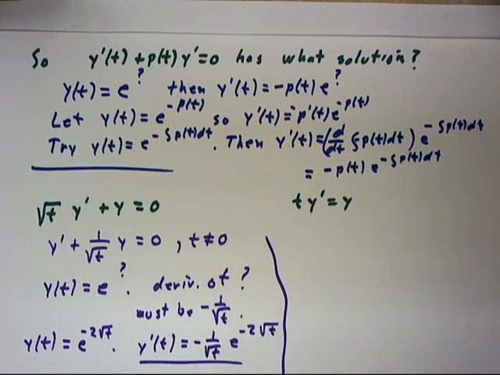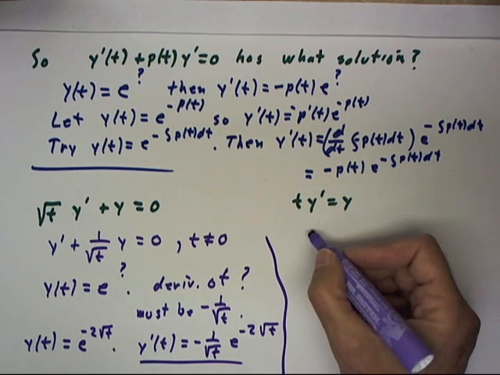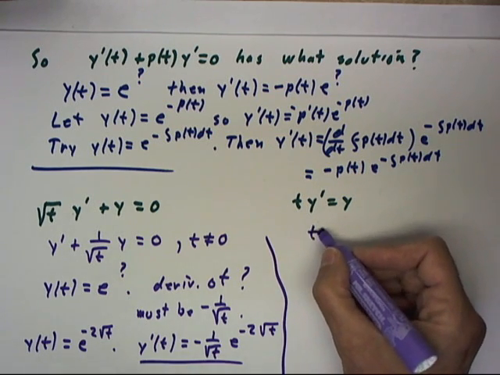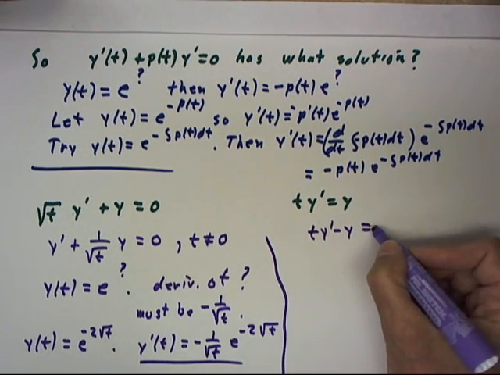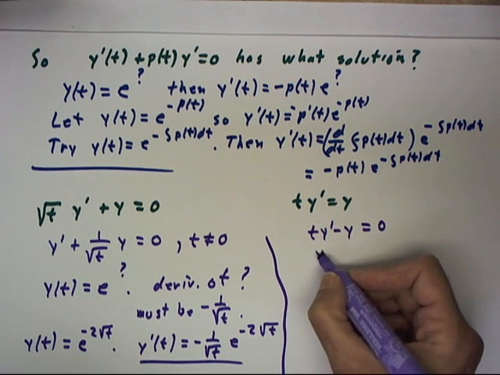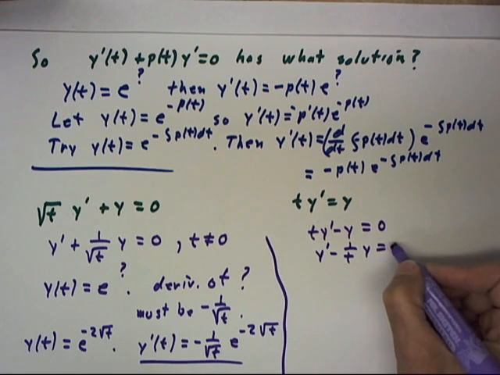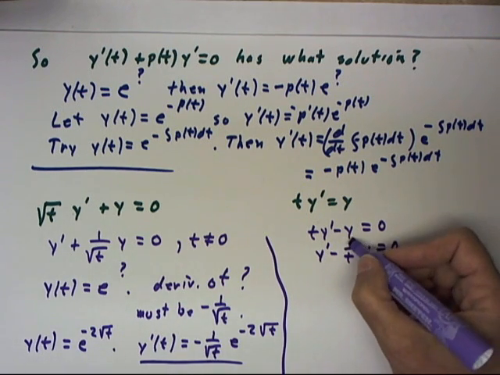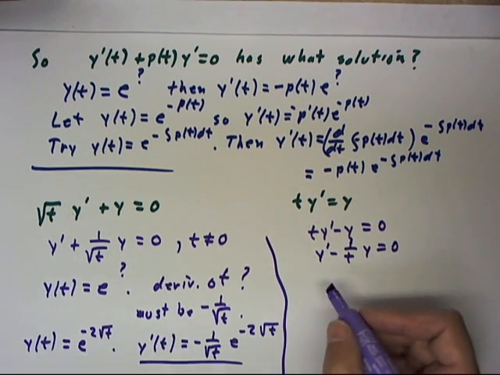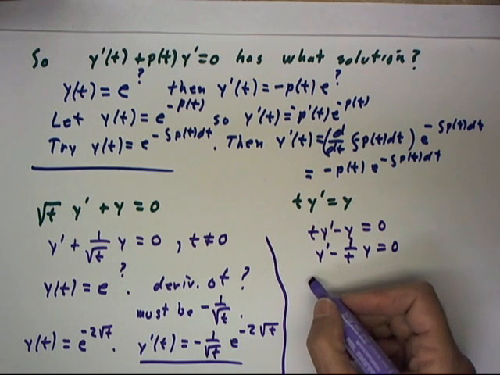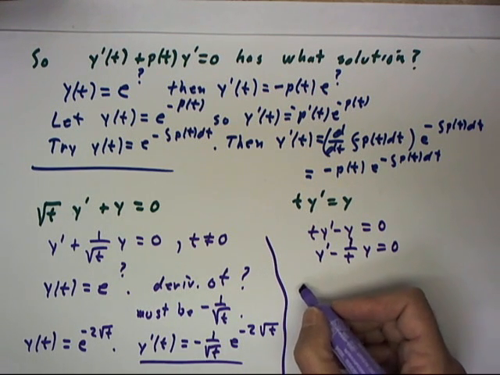Let's consider t y prime equals y. Now this can be put in the form t y prime minus y equals 0, which is the form y prime minus 1 over t times y equals 0. What do we put in the exponent of our exponential function here?